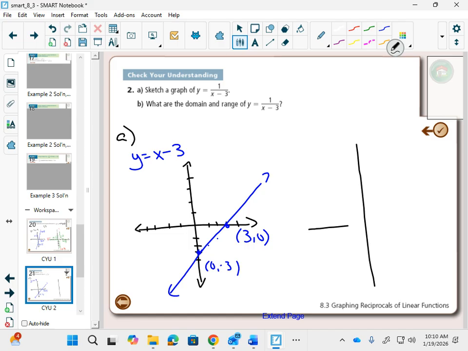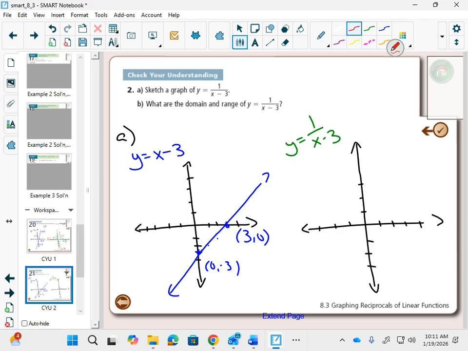And right beside it, I would start with my asymptotes. Where's your non-permissible value going to be in y equals 1 over x minus 3?